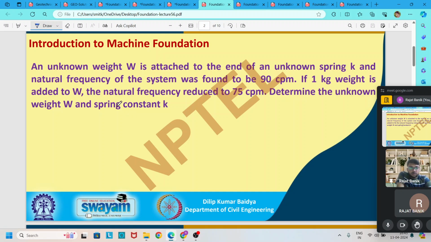To solve this question, we first need to find omega of this system, the natural radial or angular frequency of the system. We know that it is root over K by M. In our case, both K and M are unknown, but conditions are given: for the first case, F is equal to 90 CPM.